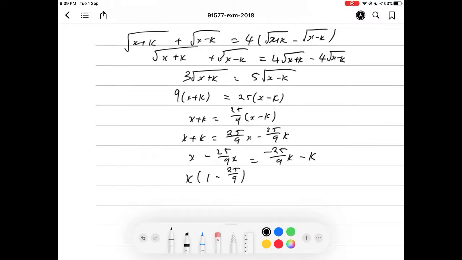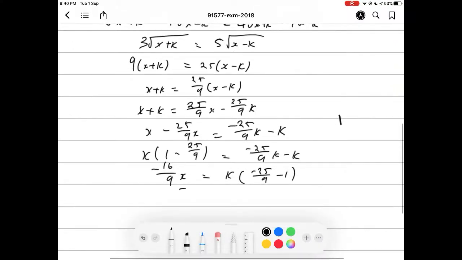So x times 1 minus 25 over 9 equals negative 25 over 9 k minus k. So 1 minus 25 over 9 gives us negative 16 over 9 x. We can actually factorize the k as well, so negative 25 over 9 minus 1 gives us negative 34 over 9, so negative 16 over 9 x equals negative 34 over 9 k.